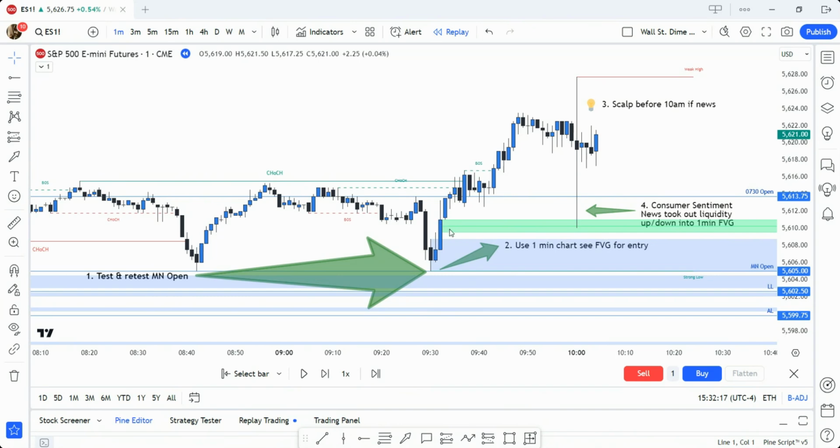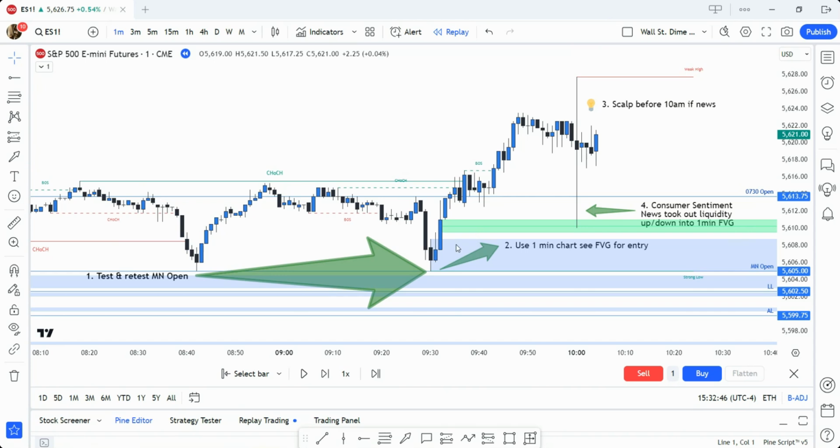Now, if I had entered here, and let's say I just tried to scalp and get out before the news, say if I was still in that trade, well, if I entered somewhere around here, my stop would have been under here somewhere, like at least in this area. Some people would put it under here. I'm not sure that I would, to be quite honest. I think that's a great idea if you are very comfortable with that, but I'm not.